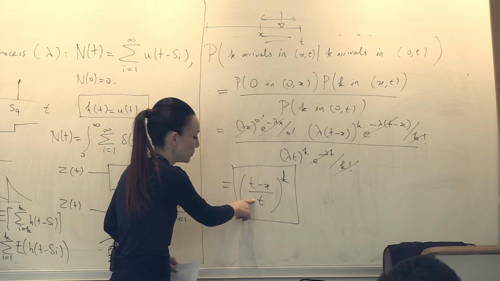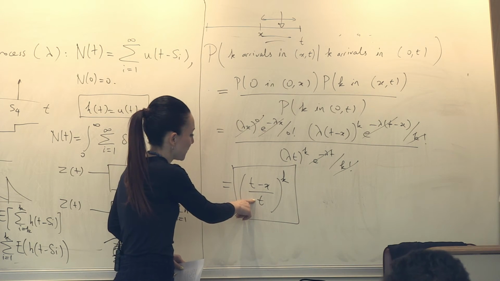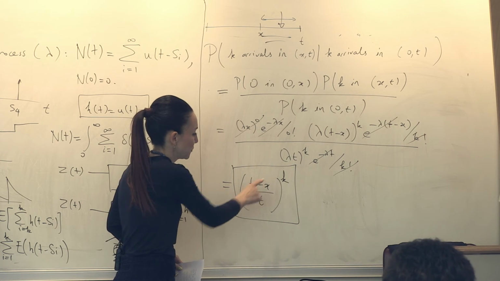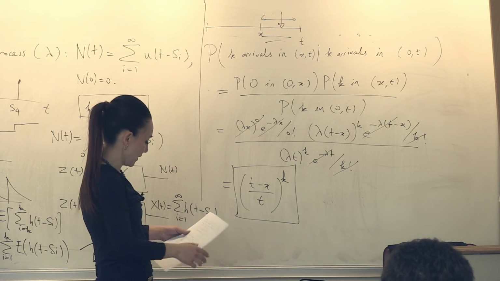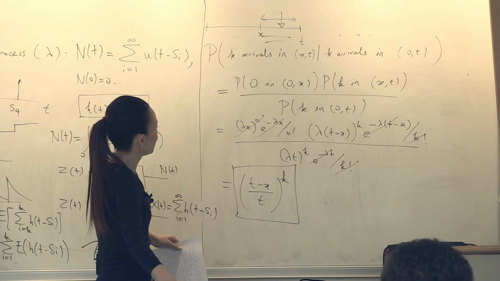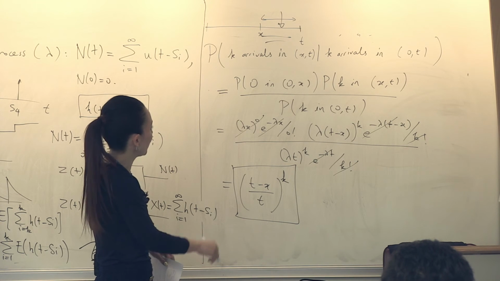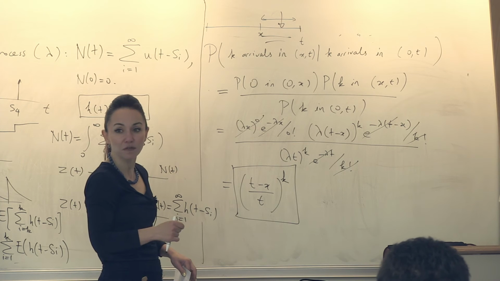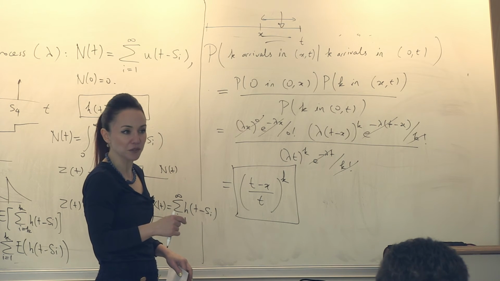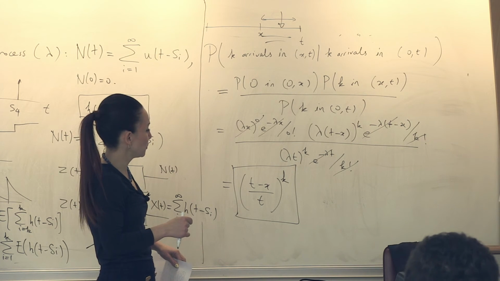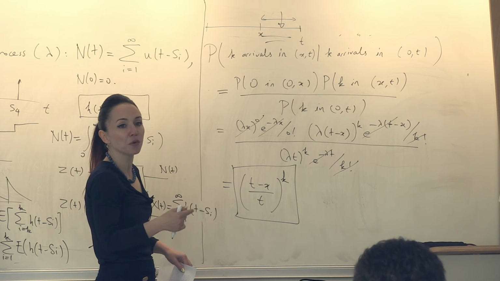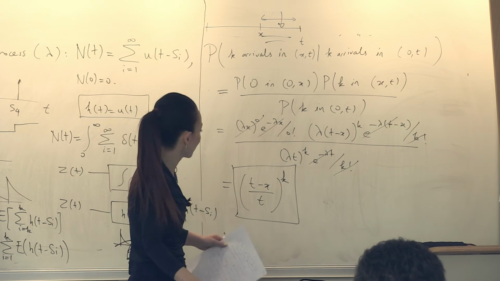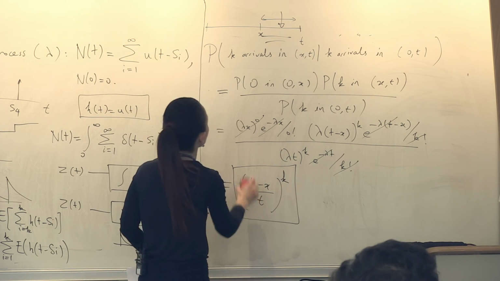It turned out to be (t minus x over t) to the k. When you differentiate this and find the PDF of the arrival times, you will observe that the arrivals are occurring uniformly. So we will use this result.